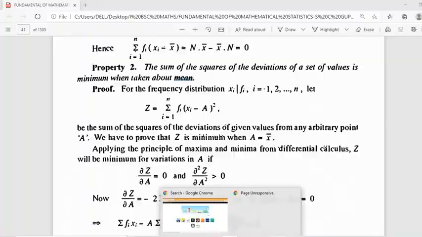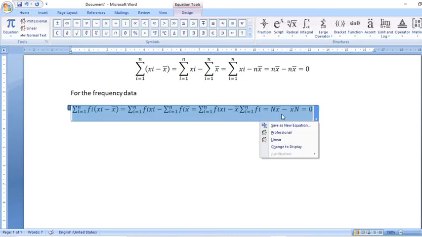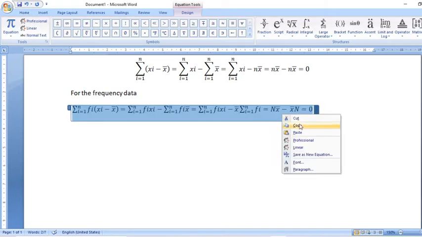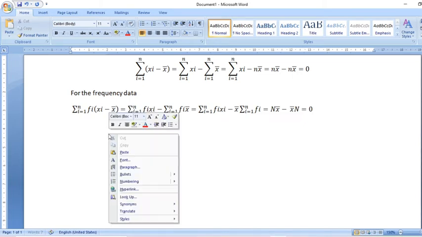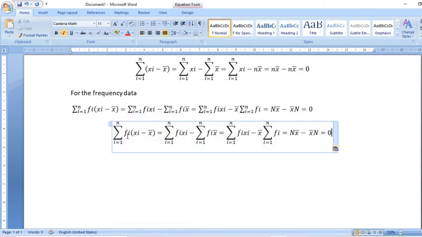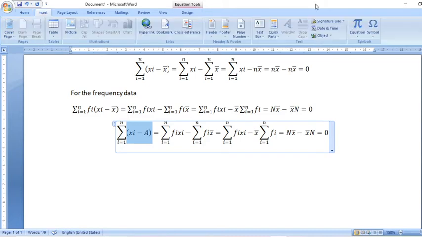Let me show you this for the raw data. Suppose we are taking the sum of squares of deviations.